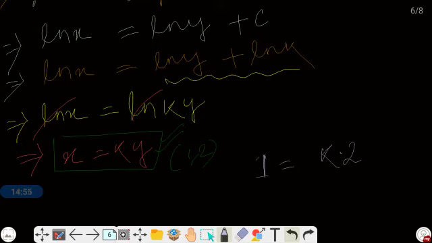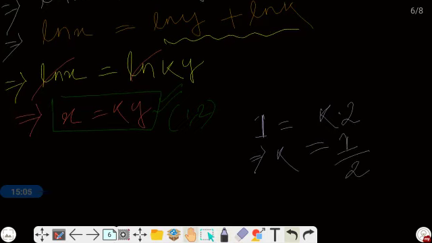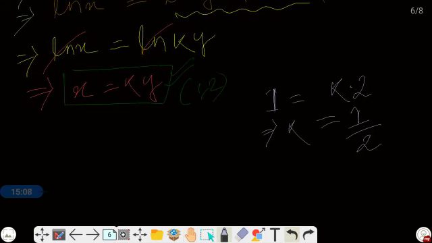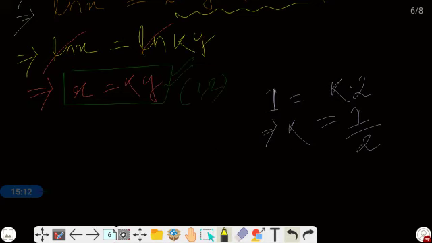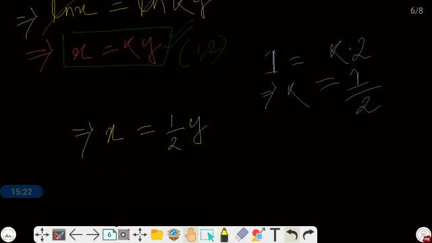Yes. So my value for k will be equal to 1 by 2. So what is my final equation then? x is equal to 1 by 2 y, which is equal to 2x is equal to y.